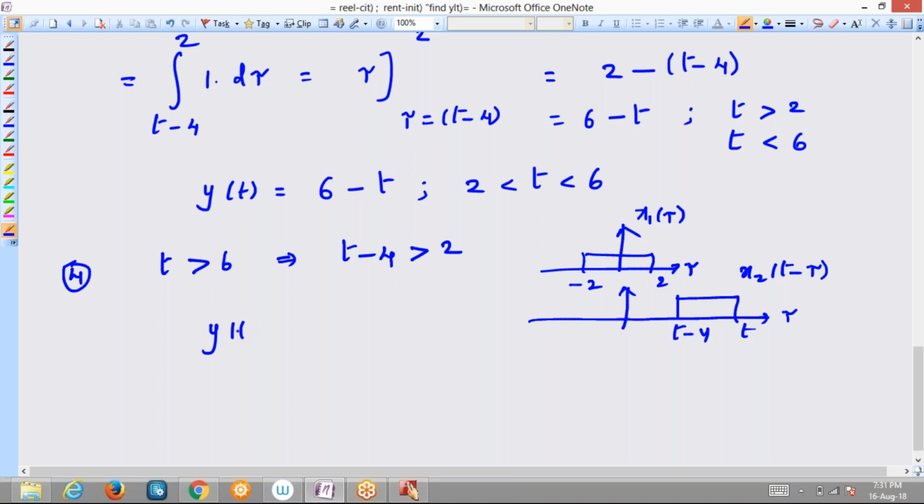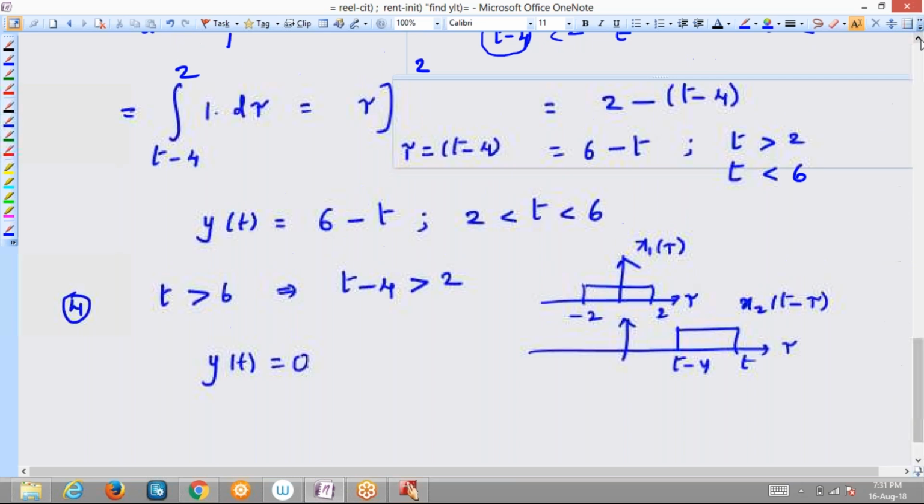Therefore, we can consider that y of t is 0 for this range. So finally, we got the four cases.